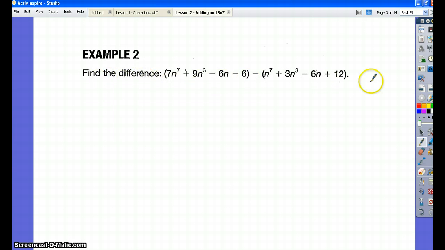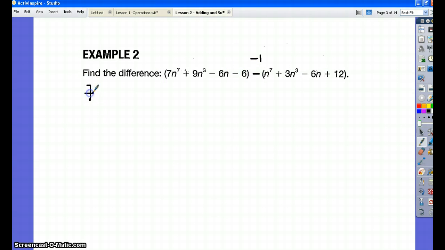So again, we're going to start by removing the parentheses, except this time there's a subtraction sign. When there's a subtraction sign, that means we need to change every sign in here. So there's a negative 1 right there, and you're distributing, so you're saying negative 1 times into the 7th, negative 1 times this, times this, times this, but you could, for memorization's sake, just know that there's a negative sign, you flip the sign.